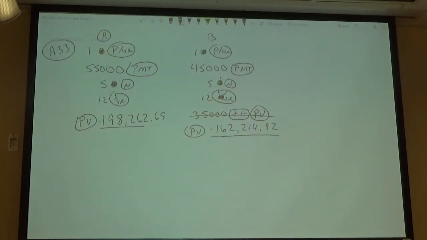If the assumption is that we have to pay, as the owner of the property, an additional $35,000, then what does that mean to us? This is the value of the income stream, $162,000, but potentially we've got to pay an extra 35 grand. So you subtract that 35 grand from 162?